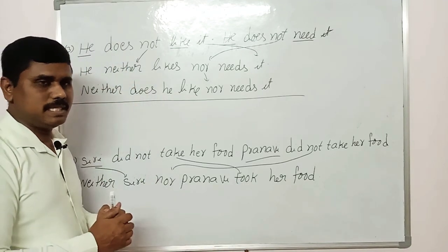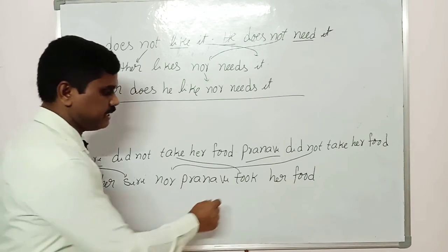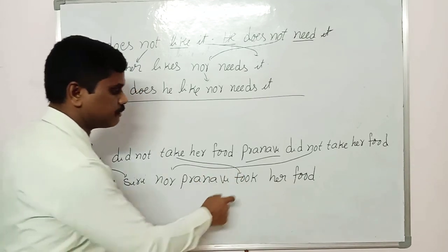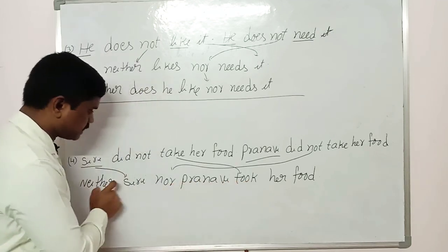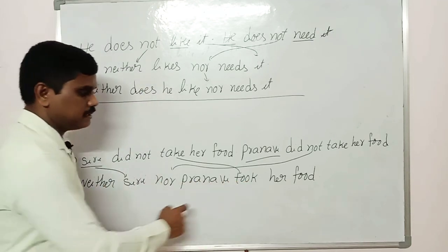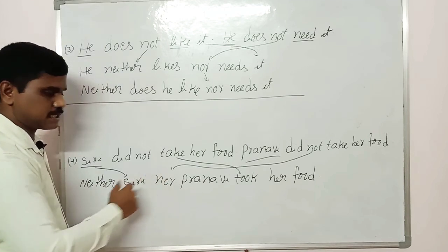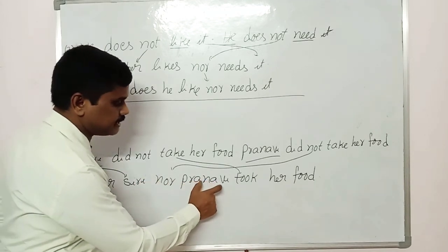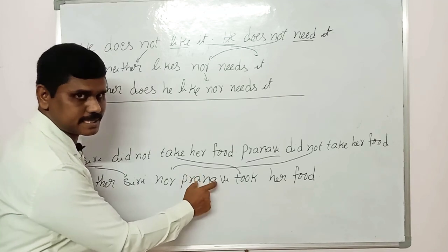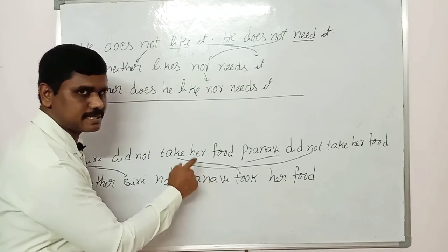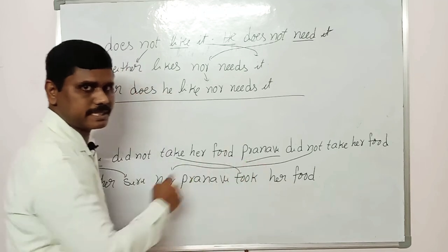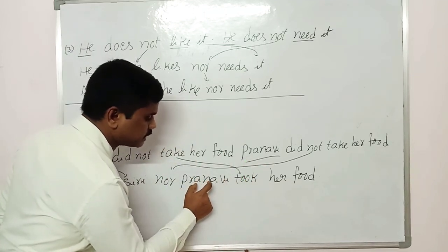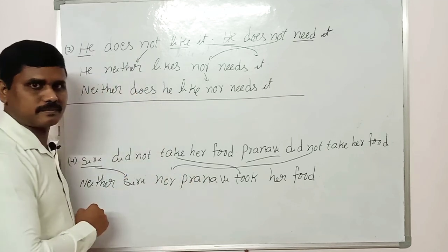No problem. Sometimes, for example, imagine if here we have verb 1s, simple present tense, or be form, which subject is important? When two subjects are connected with neither nor, the second subject acts as the subject of the total sentence. That means this verb should be according to this subject.